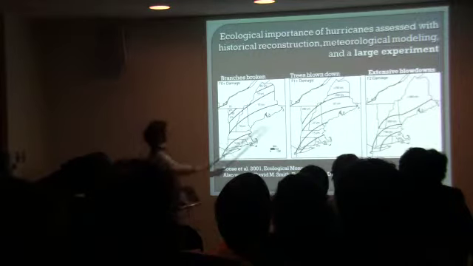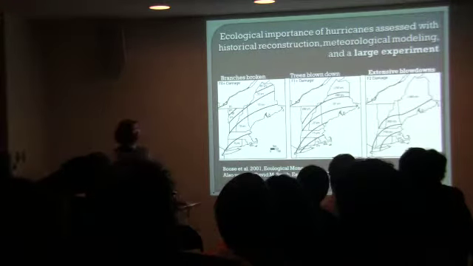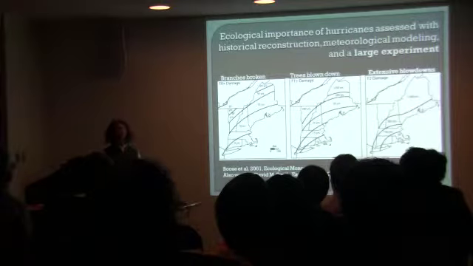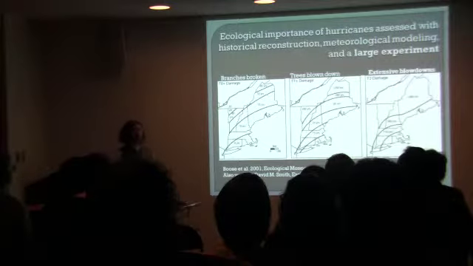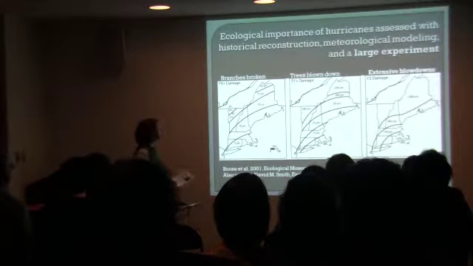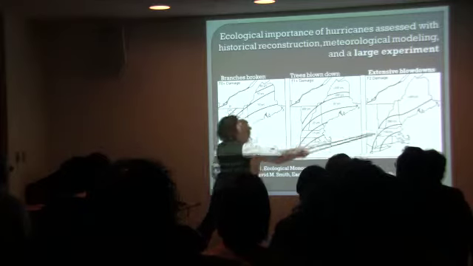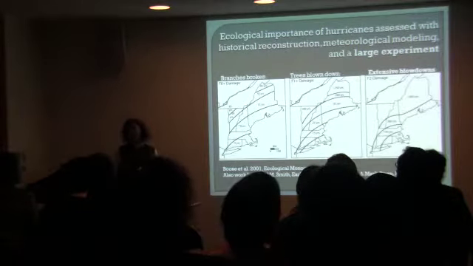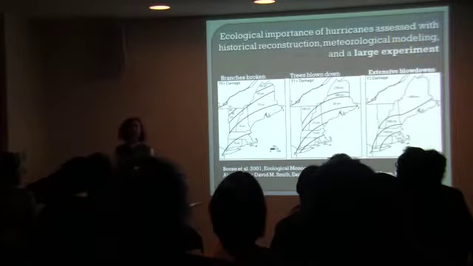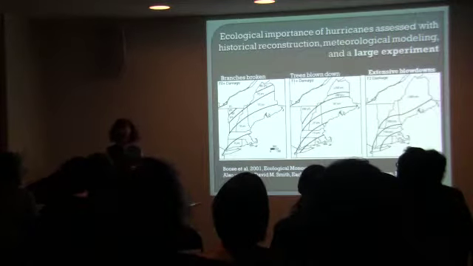And I like this as a nice synthetic figure summarizing our regional scale work that Emery Booz and others completed with modeling and reconstruction techniques to show the return interval of hurricanes of different magnitudes across the New England landscape. So where you get extensive blowdowns, the more severe hurricanes, those recur about every 150 years in New England. So infrequent, but within the lifespan of trees if you let them get that old.